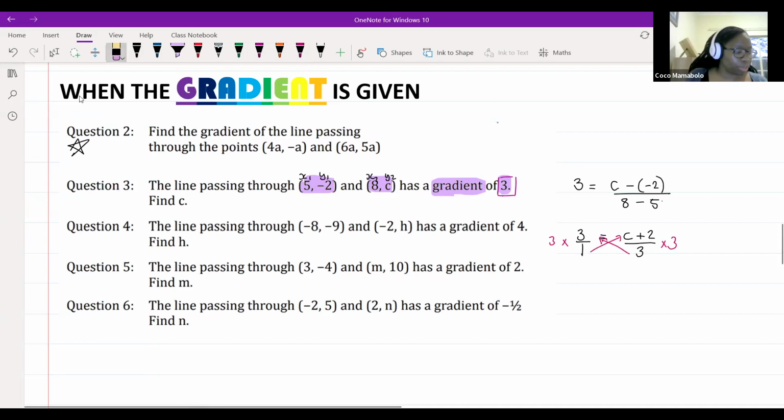Both of those methods would work. All right, I'll stick to this one. On this side, I'm going to get 3 times 3. That's going to give me 9 is equal to c plus 2, because 3 divided by 3 will cancel those 2 out. Then I just need to solve for c. I'm going to take the positive 2 over to the other side, and it's going to become -2. So c is equal to 9 minus 2, which will give us 7.